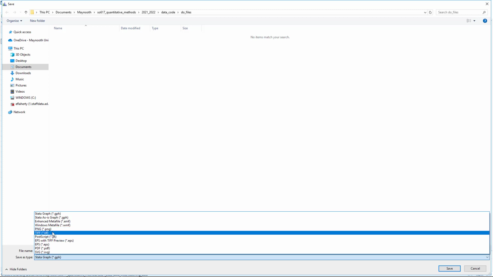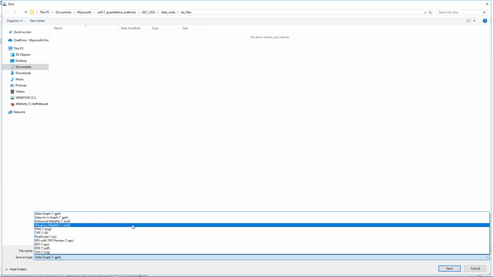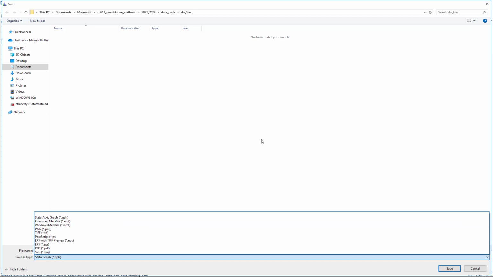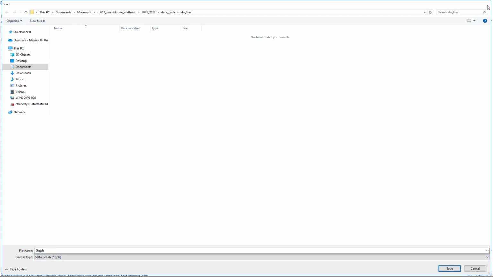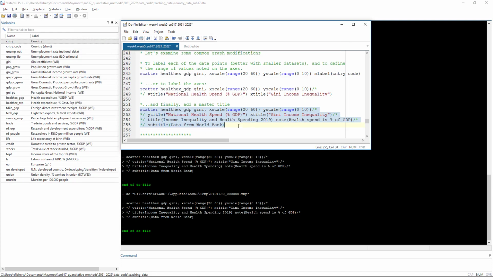These two are probably most readily readable into most word processors, so I suggest you use those ones. There's not a huge amount of loss with those in terms of resolution, certainly for the types of graph that we'll be doing in the course. So that is how to implement boxplots and scatterplots in Stata.